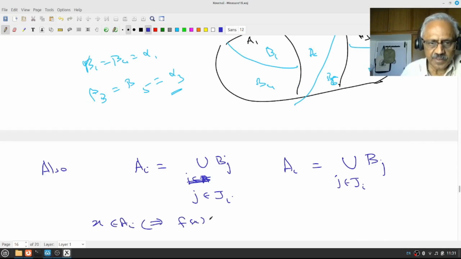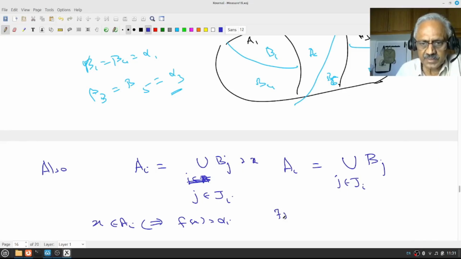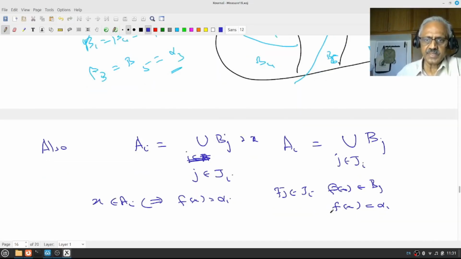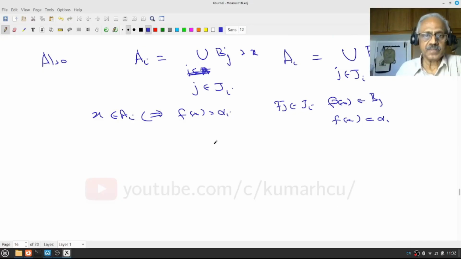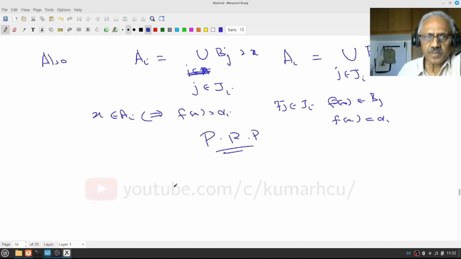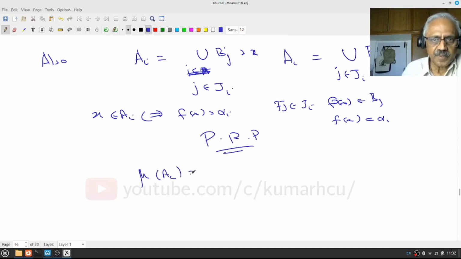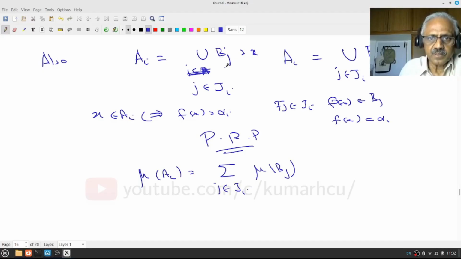If and only if f(x) is α_i. Now if x belongs to this union, that means there is a j in J_i so that x belongs to B_j. But then f(x) equal to α_i. You understand that? Pause, review, proceed. Therefore, my μ(A_i) is nothing other than the summation of μ(B_j), j running over J_i. And these are, remember, pairwise disjoint, therefore by finite additivity.